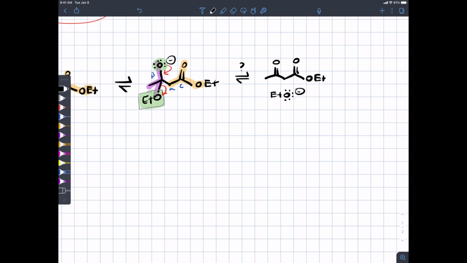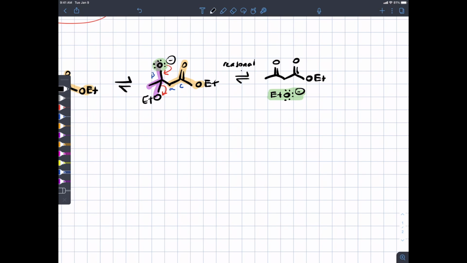Now, you've learned in 351 that ethoxide isn't a particularly good leaving group, but the comparison we want to make is between ethoxide after it has left and the negatively charged oxygen in the tetrahedral intermediate. In this case, we're asking, are they of similar reactivity, similar stability? And if so, then this step should be reasonable.